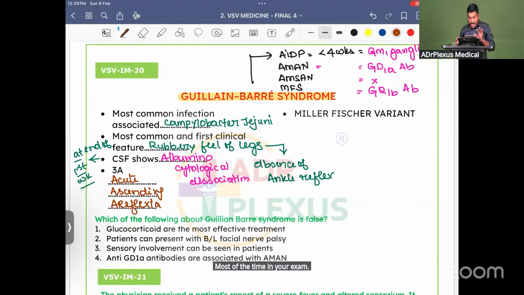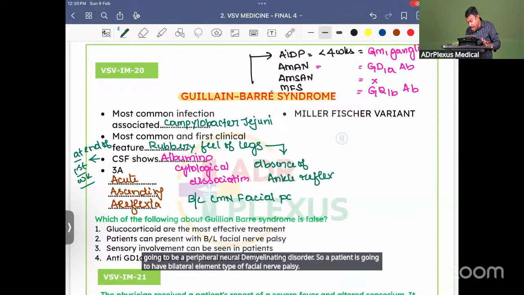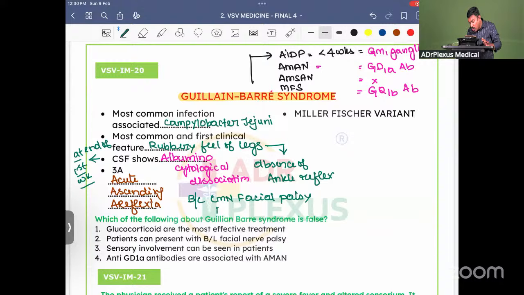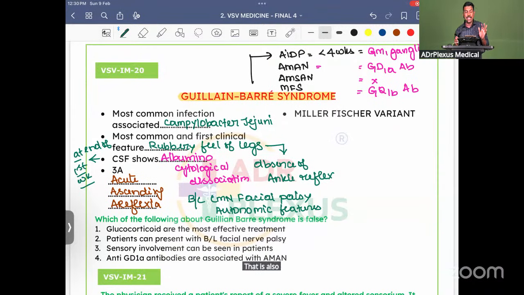And one more thing I want to say here is, it is going to be a peripheral neural demyelinating disorder. So a patient is going to have bilateral LMN type of facial nerve palsy, and the patient can also have autonomic features. Bradytachy can be there. That is also an important clue for your exam.